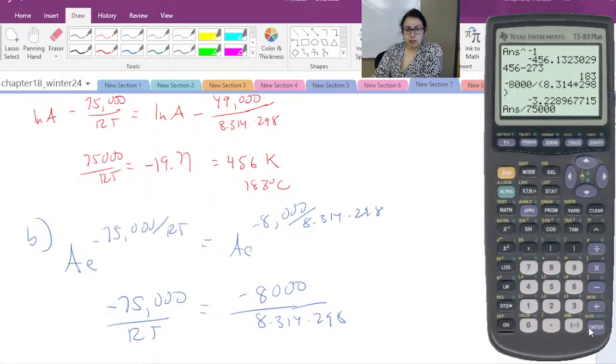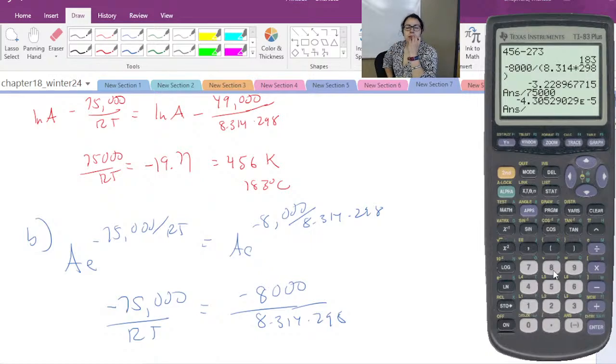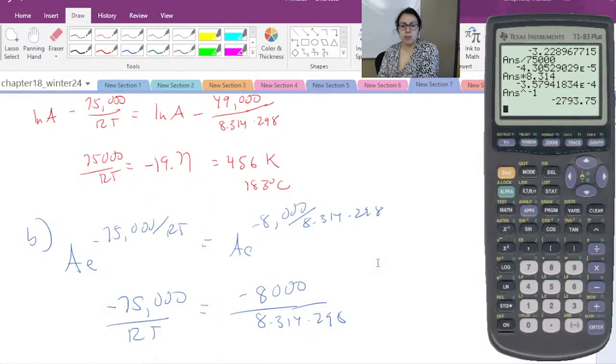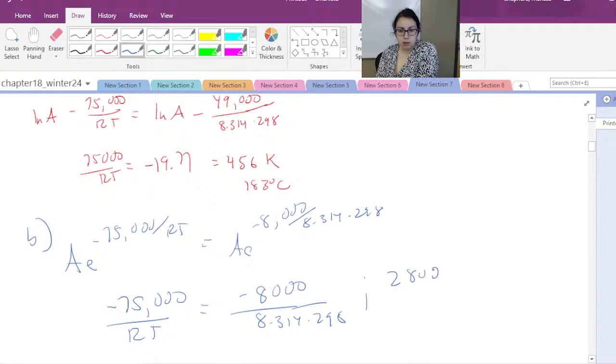Yeah, I should confirm that once I finish plugging, if I can keep my variables straight. Oh, I think I screwed something up. Times. So I get that, so my answer is in Kelvin, so about 2,800 Kelvin, which matches the 2,500 Celsius. Questions on that one? Should just be some algebra.